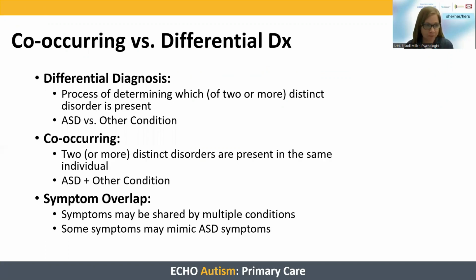Okay, next. So we're going to talk about two things. There's co-occurring conditions and there's differential diagnosis. Many people might be familiar with the idea that a lot of times autism is not just autism, it's autism plus. And that is probably more often the case than not.